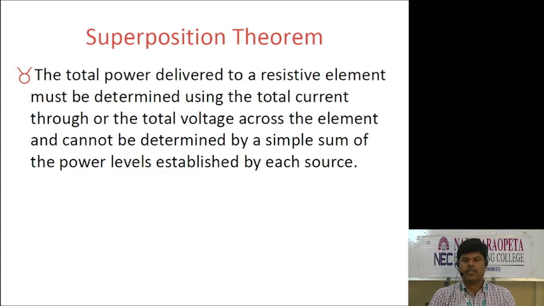The response in that particular resistor is not simply the addition or subtraction of the three sources. We should carefully calculate which source is giving positive and which source is giving negative. So the combination should be based on the voltage source in a particular resistor.